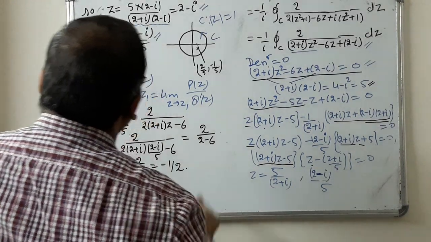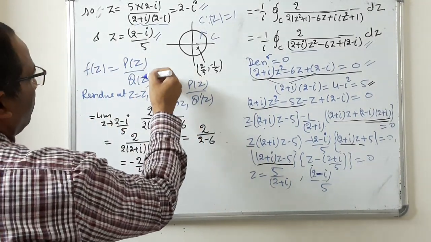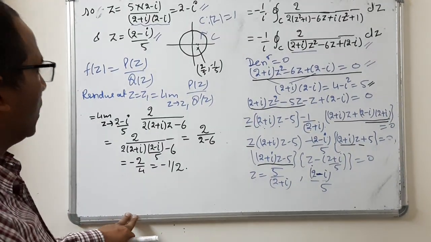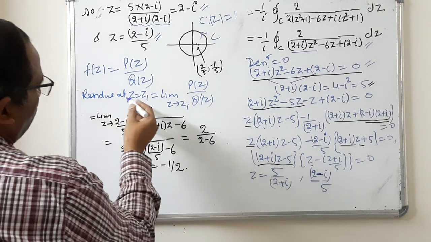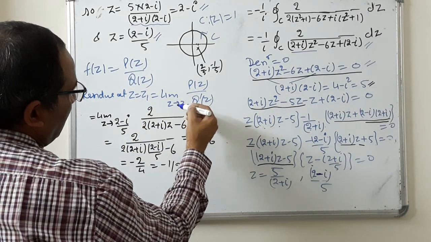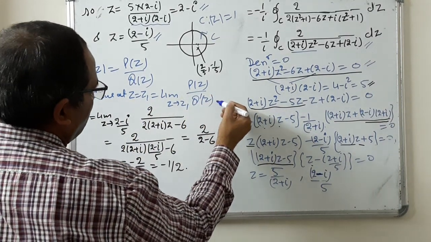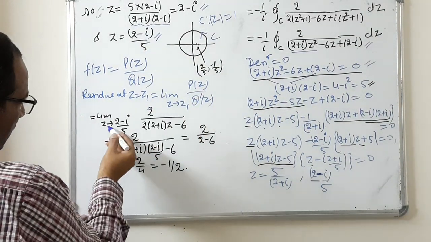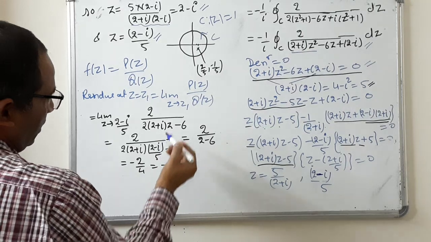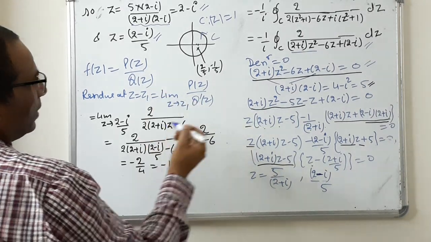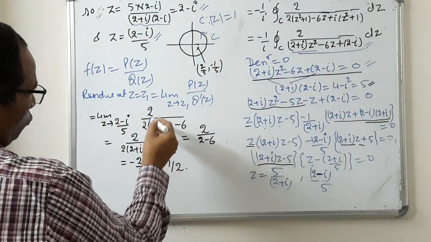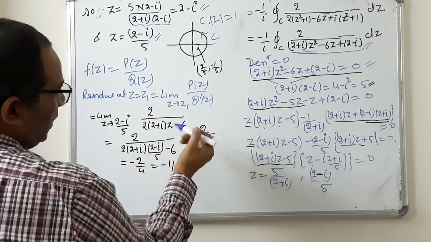To find the residue, we apply the formula: f(z) is equal to P(z) upon Q(z), where P(z) is not equal to 0 at the given singularity, right? So the residue at z equal to z1 can be written as the limit z tending to z1 of P(z) upon Q dash(z). Here z is equal to (2 minus i) upon 5. Differentiating the denominator, we get 2 times (2 plus i)z minus 6.